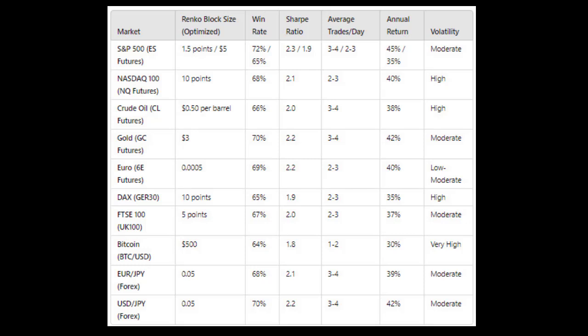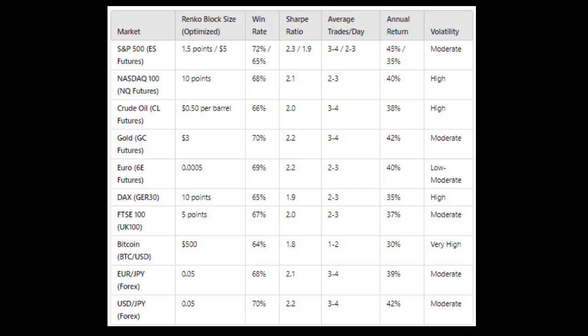I just included the volatility column in there to suggest the asset type, and bear in mind when you're playing around with the block sizes what you have to do to create more consistent returns and not get whipsawed out of a lot of the trades.